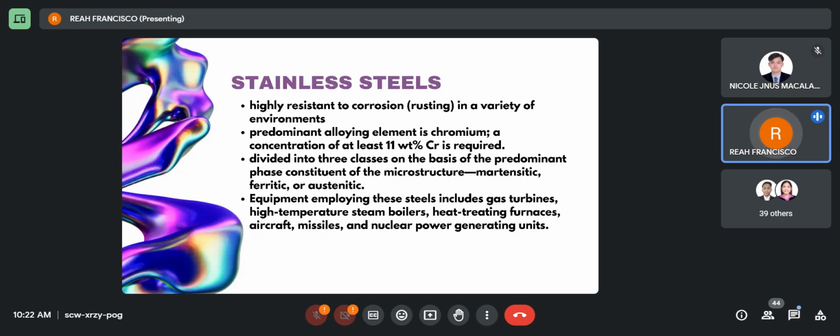And both martensitic and ferritic stainless steels are magnetic compared to austenitic, which is not magnetic. Yan. And its equipment employing the steels includes gas turbines, high temperature steam boilers, heat treating furnaces, aircraft, missiles, and nuclear power generating units.